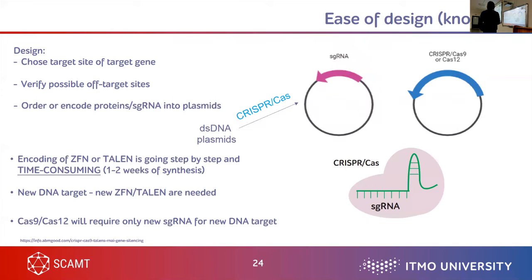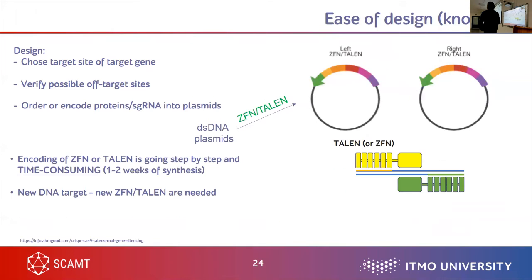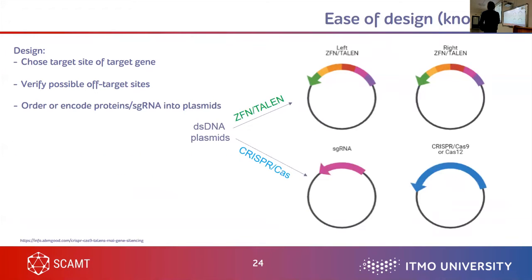In the case of CRISPR-Cas9 and CRISPR-Cas12, they will require only a new guide RNA. There is no need to make a new protein for a new target, as in the case with zinc fingers or TALENs.